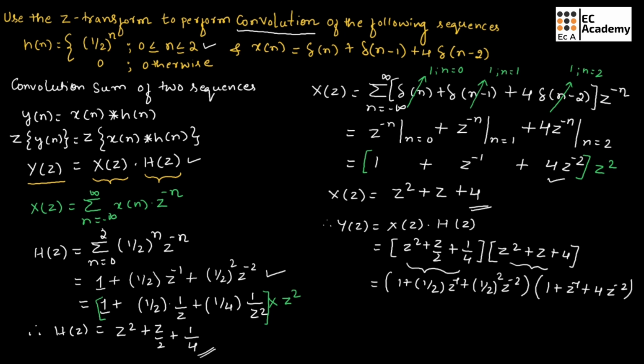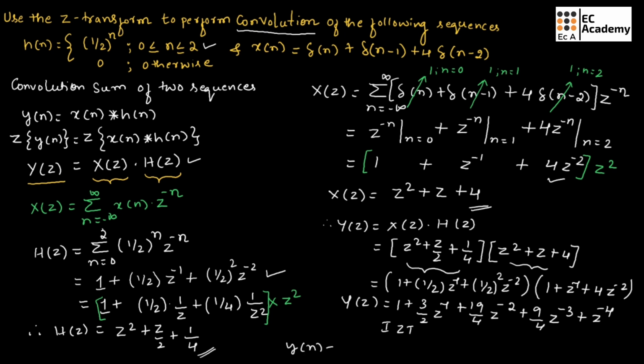If we multiply these two equations, we will get Y of z is equal to 1 plus 3/2 z inverse plus 19/4 z to the power of minus 2 plus 9/4 z to the power of minus 3 plus z to the power of minus 4. If we take inverse Z transform, Y of z, we can write it as y of n.